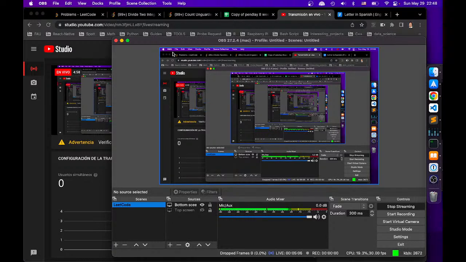Expected width 1024, expected height 500. Okay, am I not providing that? Oh, you gotta be kidding me. I am 1025. Gosh.